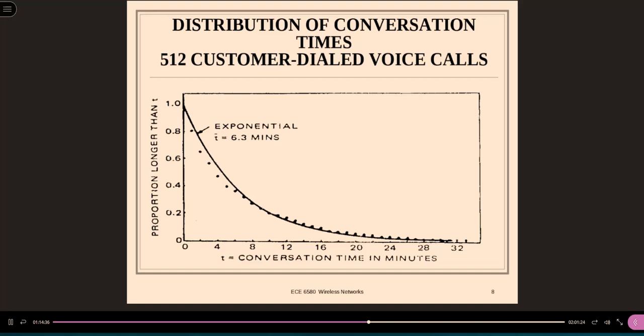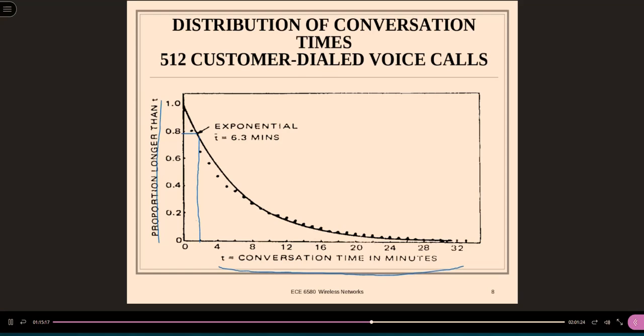Customer dialed voice calls. So you have here a measure that says the proportion is longer than a particular time t, and t is the conversation time in minutes. So you see here that the conversation being longer than, let's say, 0.8 minutes over here is something like, sorry, I misstated.